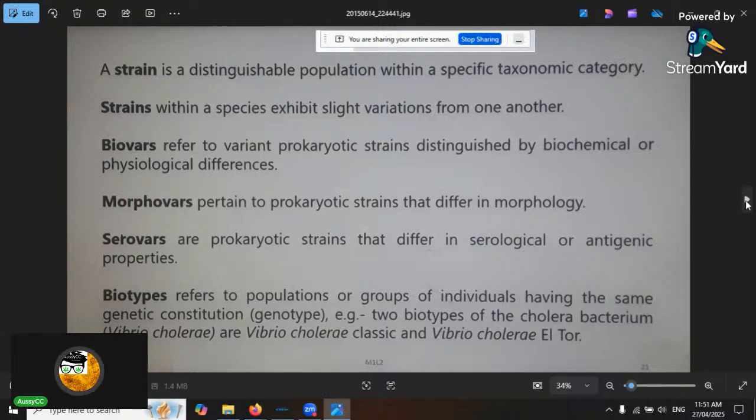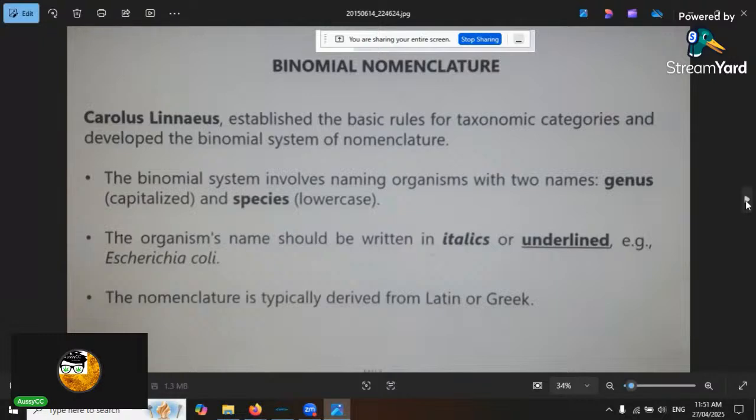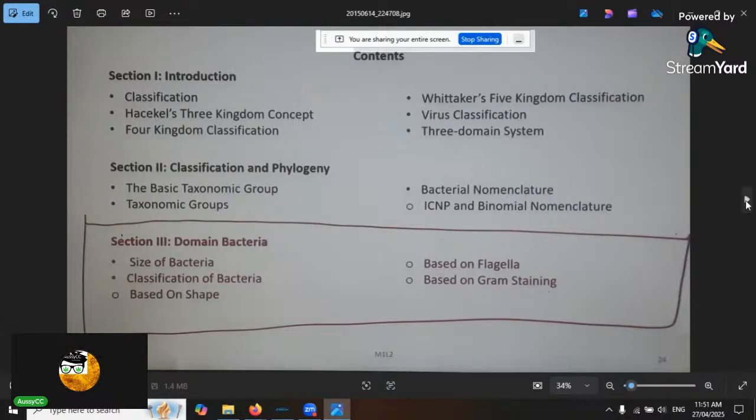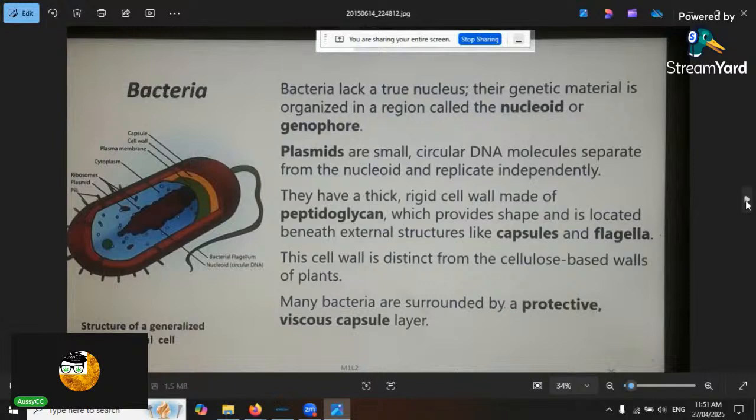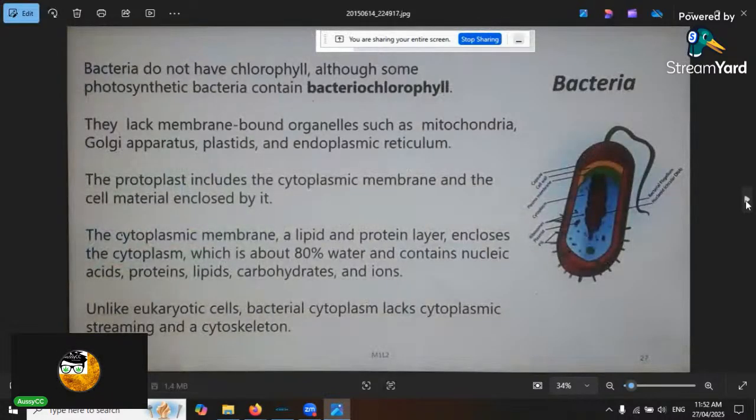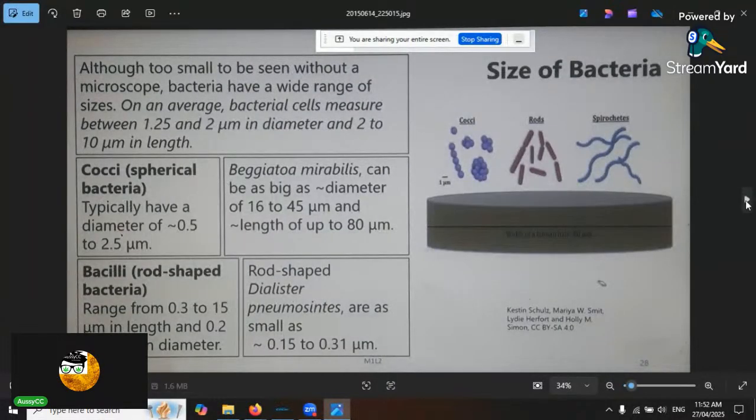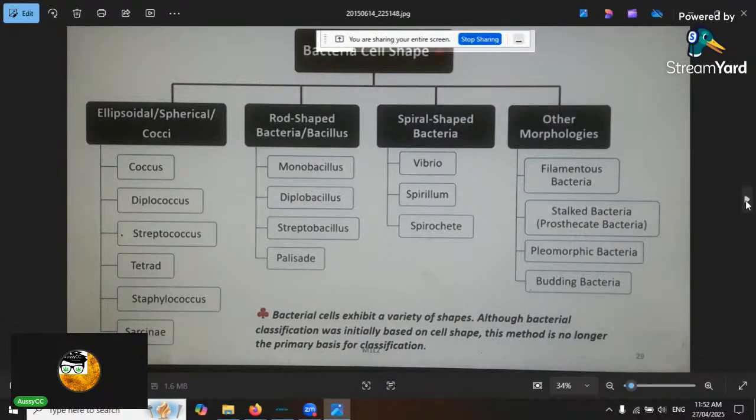Some of the history at the start, taxonomy, nomenclature. It's pretty cool.